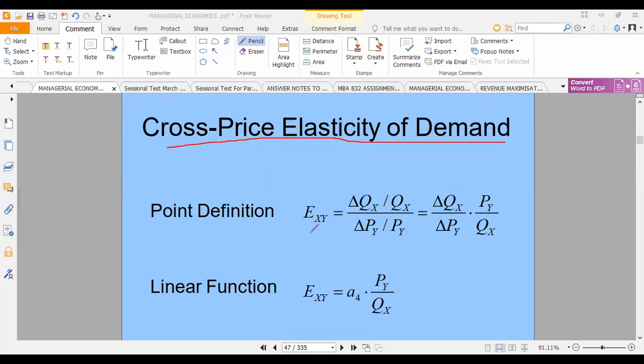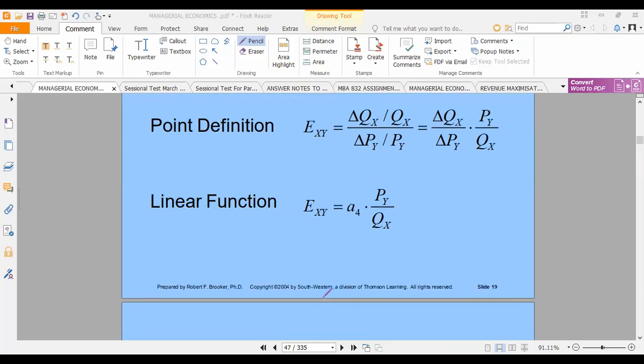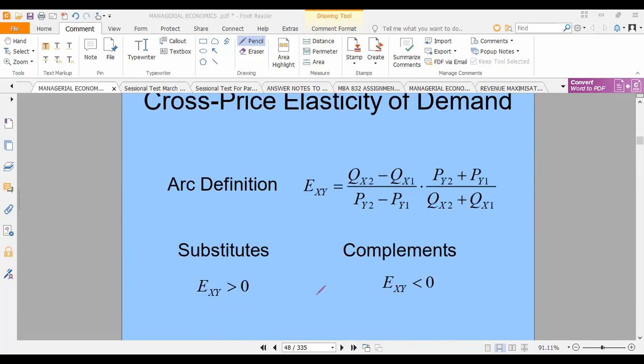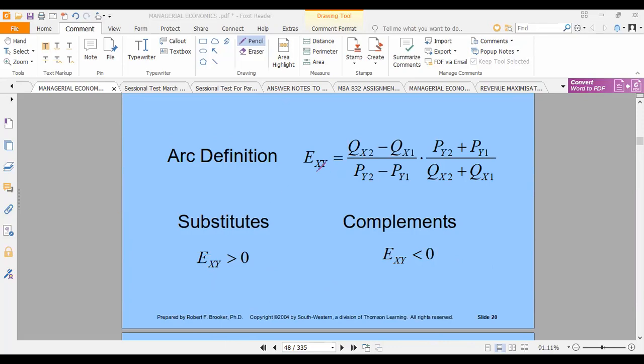So for cross price elasticity, if our elasticity is negative, we call them complementary goods. If the cross price elasticity is positive, it is called a substitute good. Substitute goods are goods with the same usage. Margarine and butter.